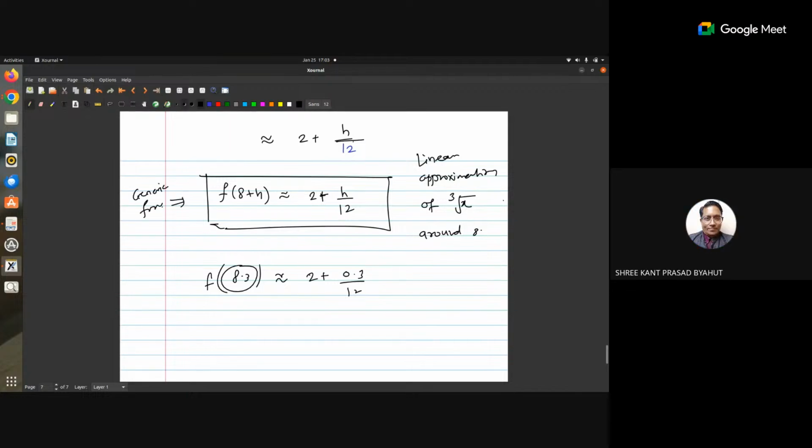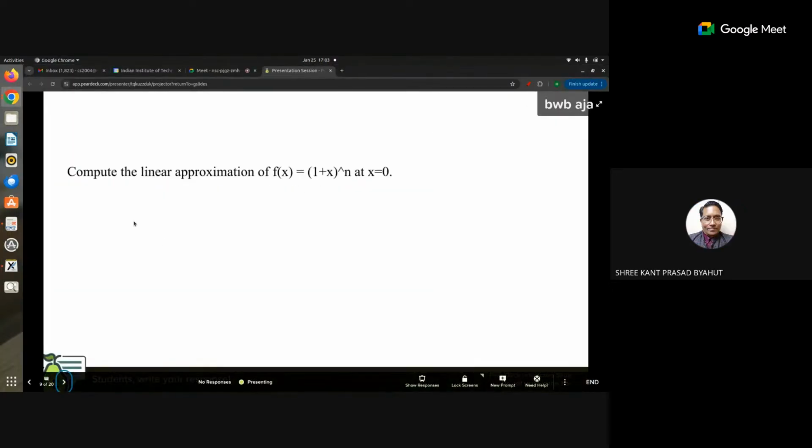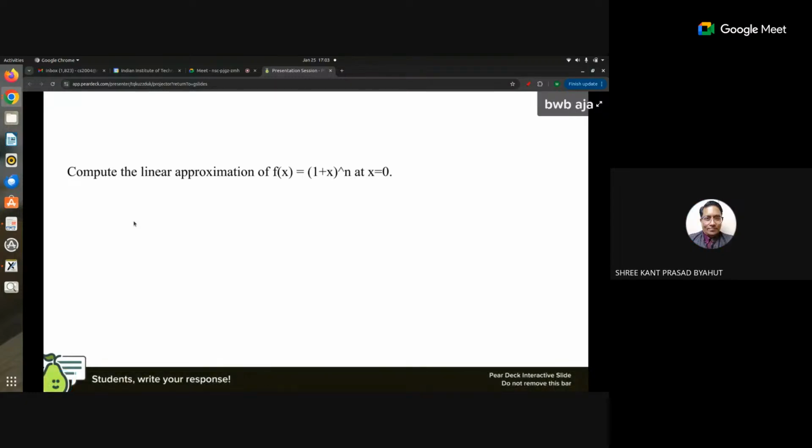If it is 7.9, then we will take h as minus 0.1. Yeah, 8 minus 0.1. That's correct. We can use it directly. In real life also, everywhere we can use it. A general formula. But it is only around 8. Yeah. The condition is that it is around 8.